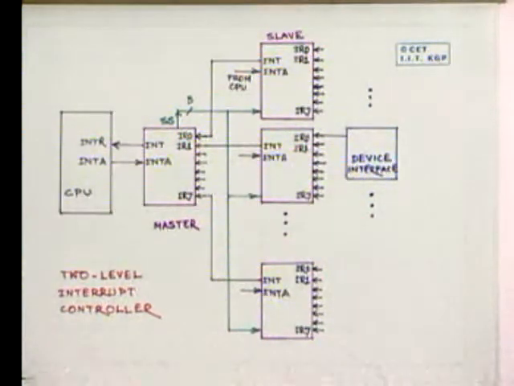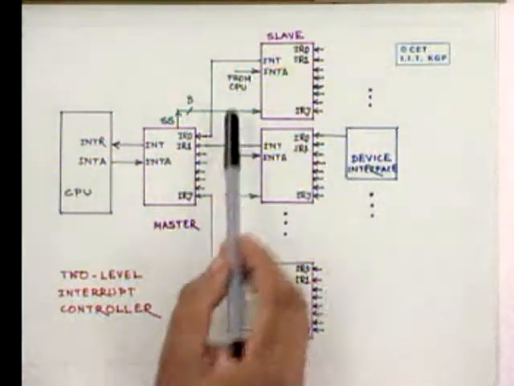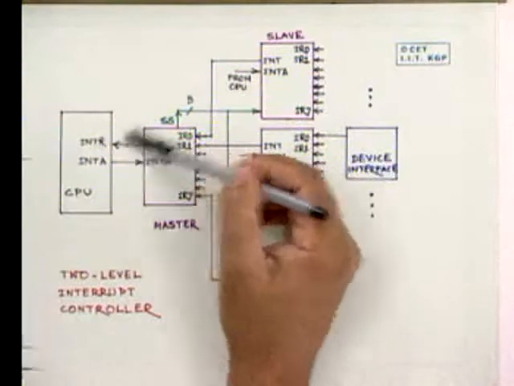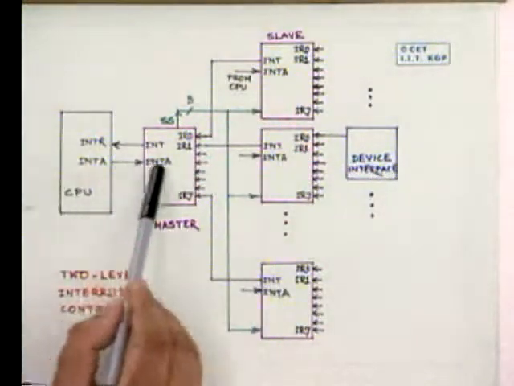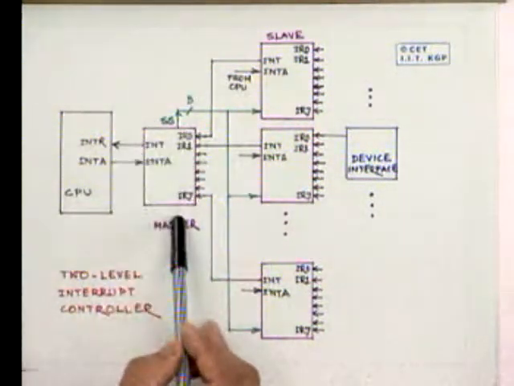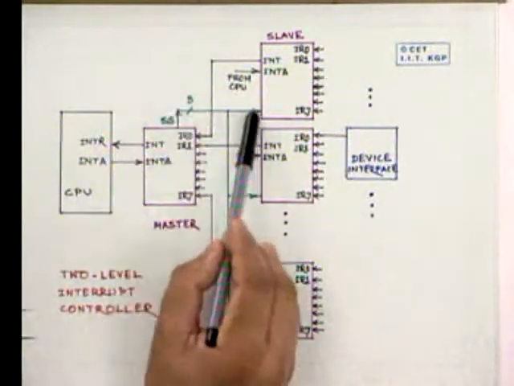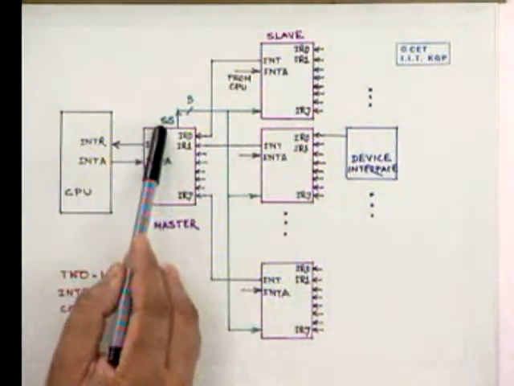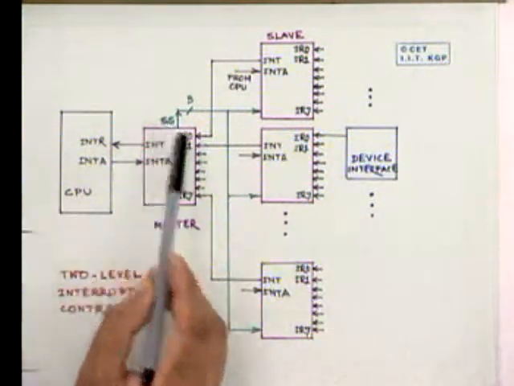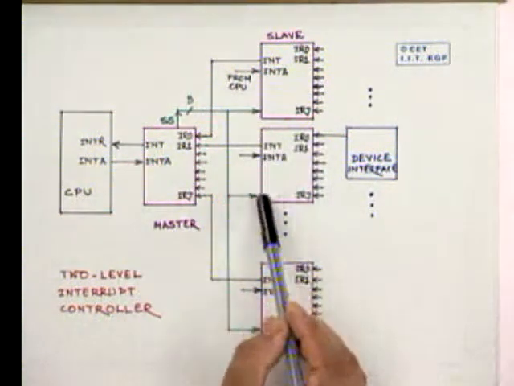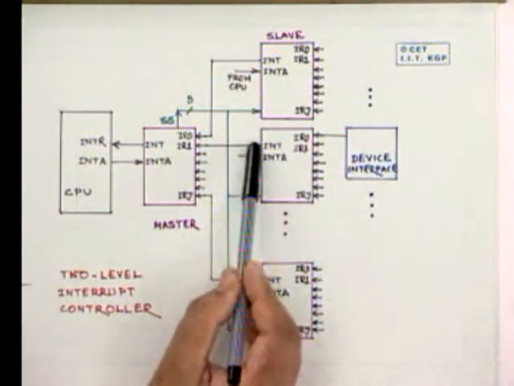Now on getting an interrupt acknowledge from the CPU, the master then sends this green line signal, which we call slave select, that will select that particular slave whose interrupt has been honored.